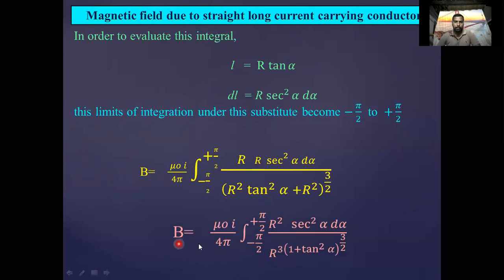We get B is equal to mu 0 I by 4 pi, integral from minus pi by 2 to plus pi by 2, R square secant square alpha d alpha. Taking R square common, R square to the power of 3 by 2 is equal to R cube into (1 plus tan square alpha) whole to the power of 3 by 2. Cancelling R square, the remaining is R.